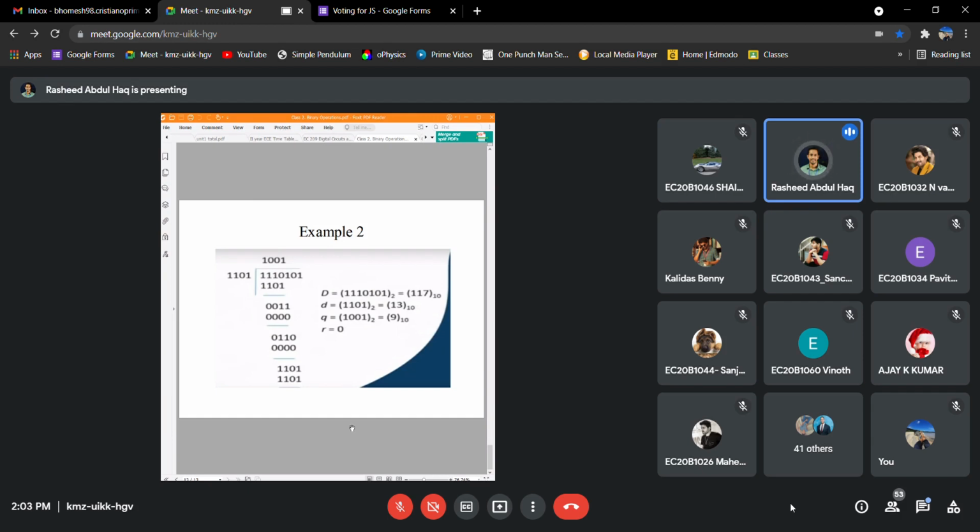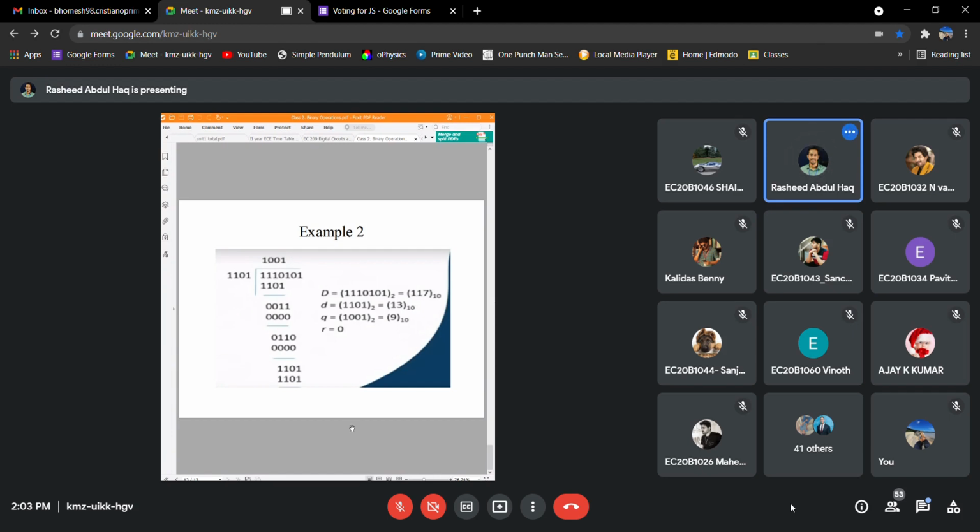Then we will take the 5th digit from that number. That will be a 1, but again it is smaller than 1101. So we put another 0, and again we subtract the zeros.